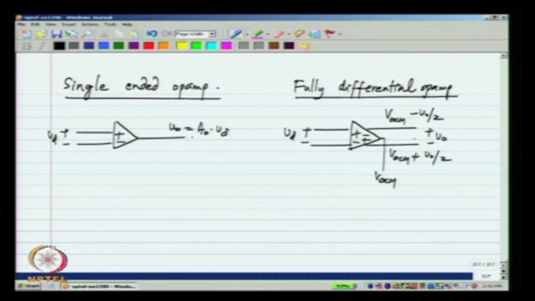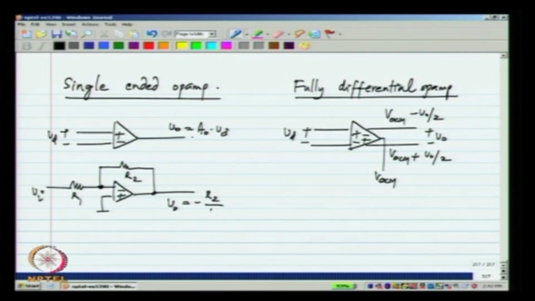Now, how do we use this op amp? For example, we make an inverting amplifier like this one. VO is minus R2 by R1 times Vi.